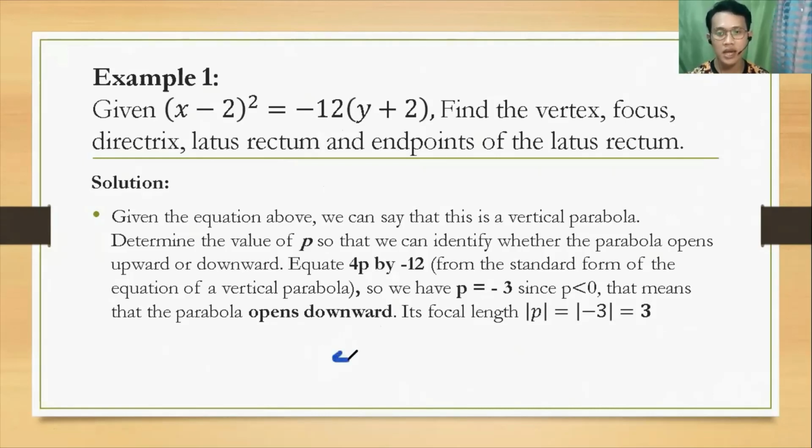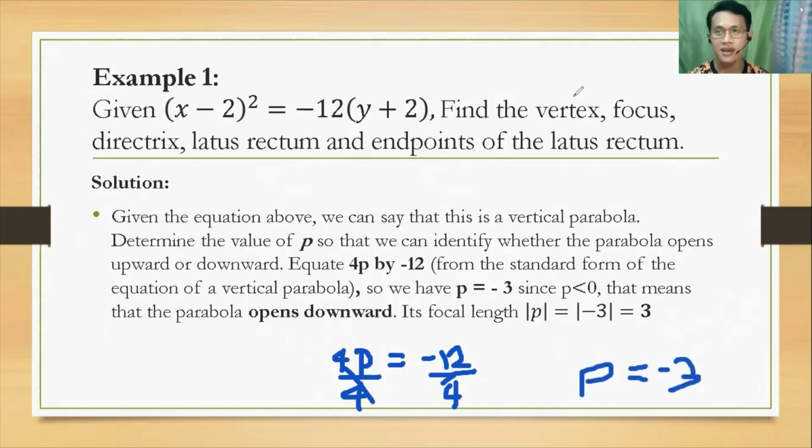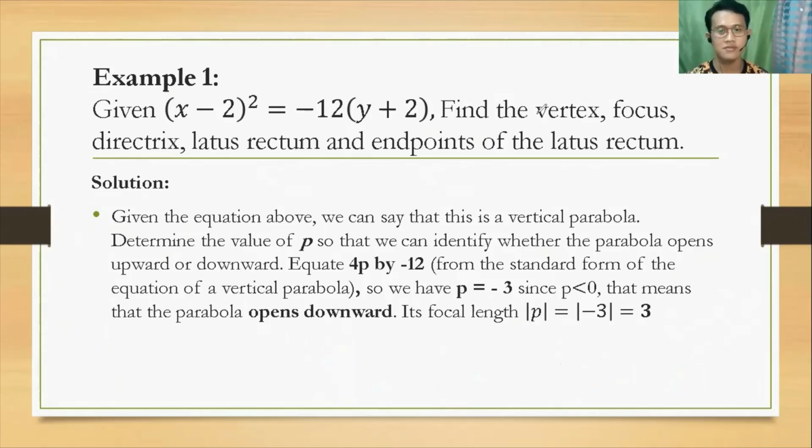We equate negative 12 to 4p, and then divide both sides by 4. Then you cancel out 4 here, and then p is equal to negative 3. So that's how it is being shown.